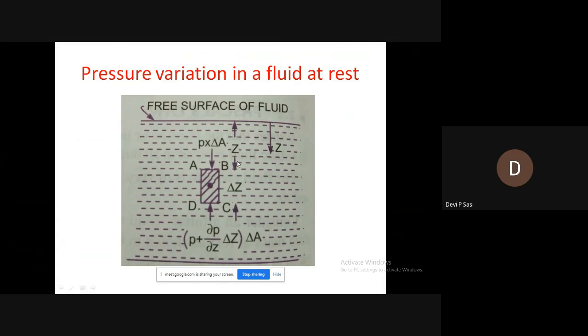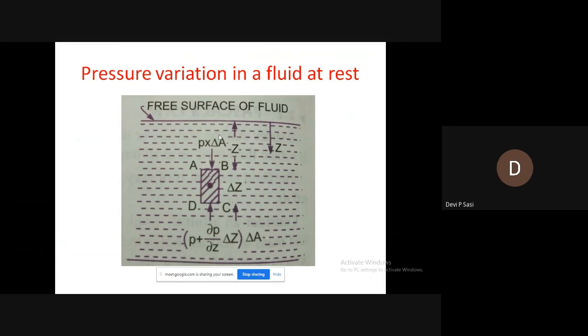And Z is the distance of this fluid element from the free water surface.